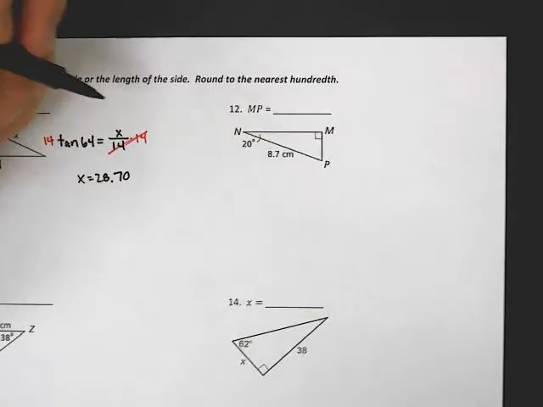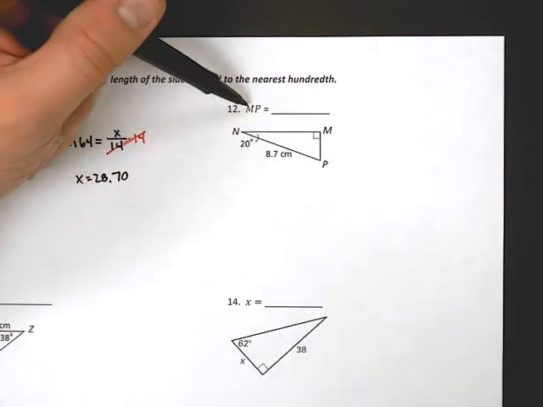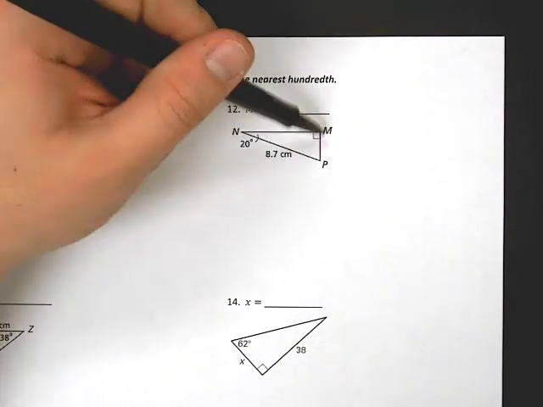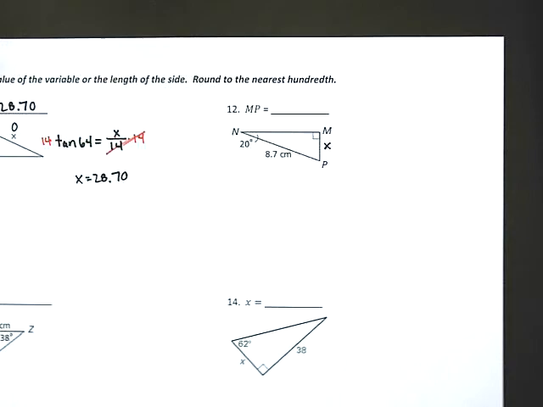When we look at something like number 12, ooh, this one's a little trickier. It's asking for MP. Well, MP's over here, so that means that's where I'm going to put my variable. And I think that's a good idea, because otherwise you might kind of forget what you're looking for.